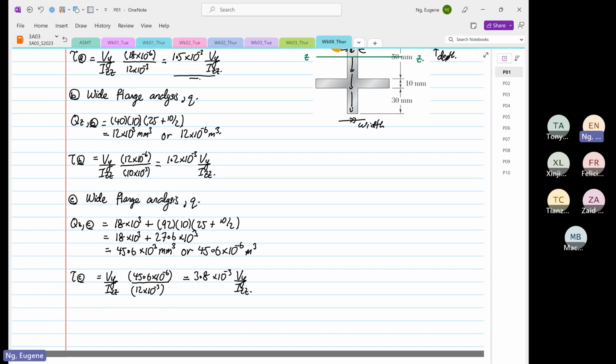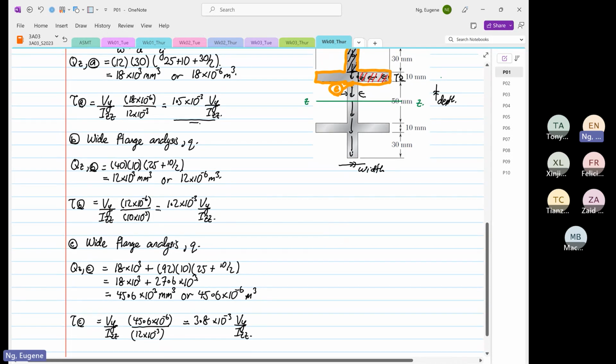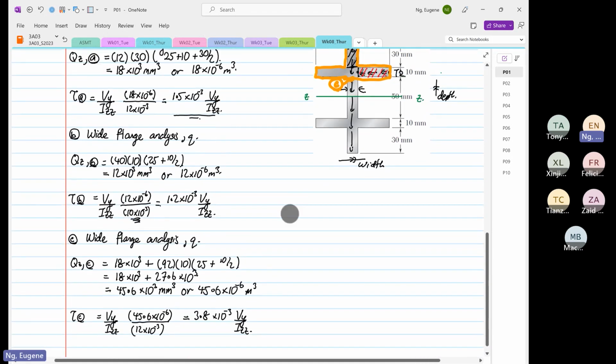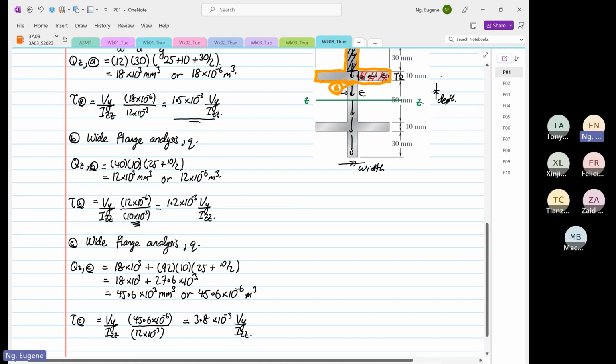So from here, after knowing that point B, which has the smaller thickness, did not generate the highest Q over t ratio, right? That confirms that at the centroid, okay, because there's point C down here, I'm going to call this point alpha, is where maximum shear will occur, because the thickness is 12 millimeters, and at point C it is 3.8 times 10 to the power minus 3 already, okay, which is greater than at point B, which is 1.2 times 10 to the power minus 3.